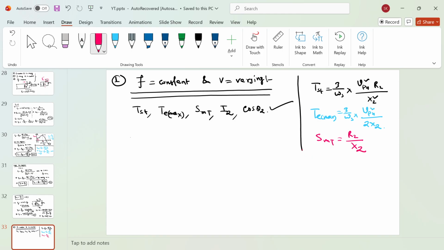And the developed torque can also be written as E2 I2 cos theta 2.